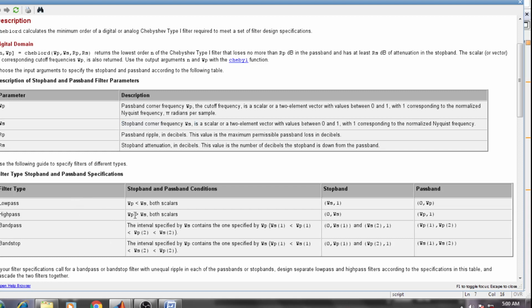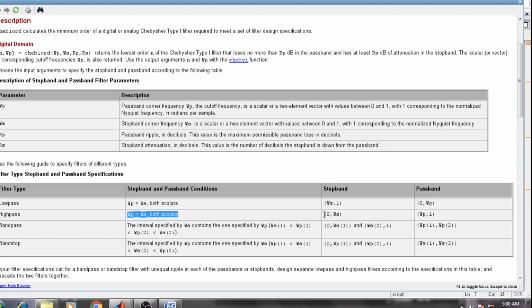The conditions: Wp should be less than Ws in the case of low pass, and the stopband will be defined as [Ws, 1] and the passband will be defined as [0, Wp]. This is the way of declaration of the low pass. Similarly, if you want to design a high pass filter, then Wp should be greater than Ws.